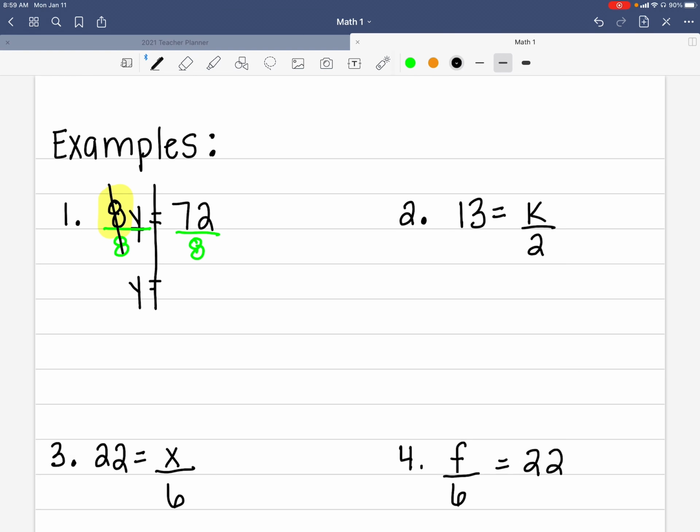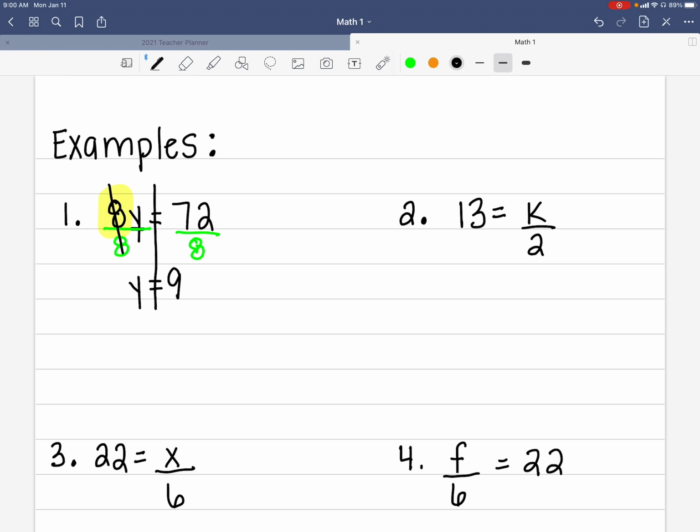We're going to bring down y, and then 72 divided by 8 is going to equal 9. And again, we can test that out. We can do 8 times 9 equals 72.